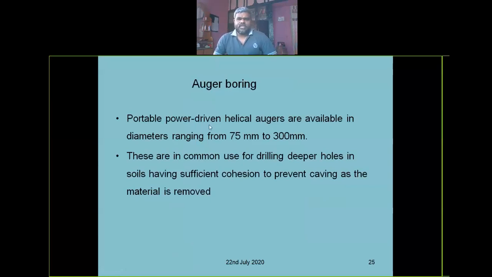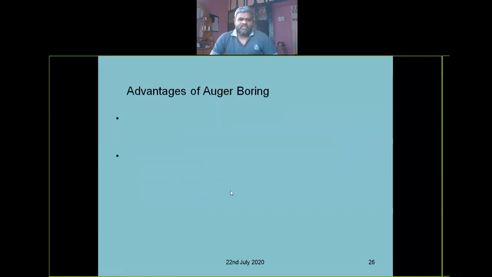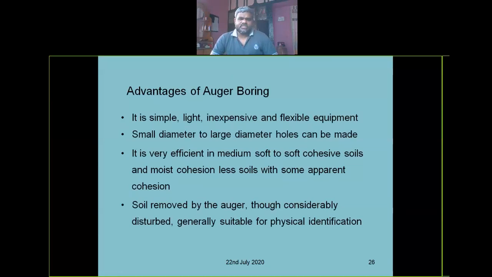portable power driven helical augers are available in diameters ranging from 75 to 300 mm. These are in common use for drilling deeper holes in soils having sufficient cohesion to prevent caving as the material is removed. Advantages of auger boring: it is simple, light, inexpensive, and flexible equipment.